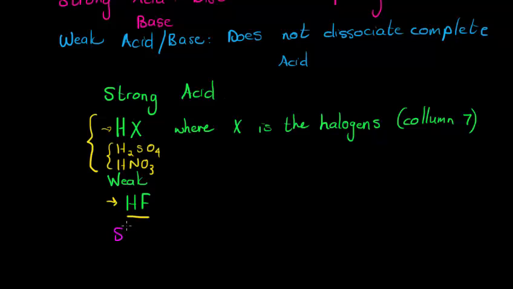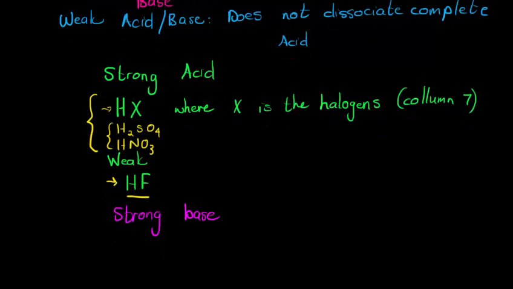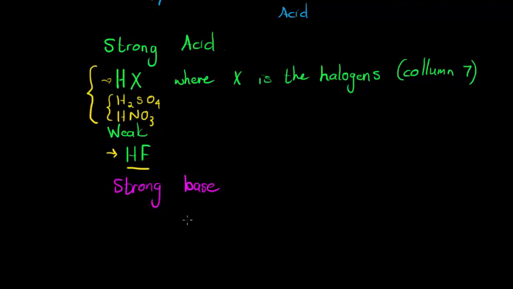Then strong bases. A strong base would end in OH, and in the front we will have an alkali metal, actually any of the first two columns.